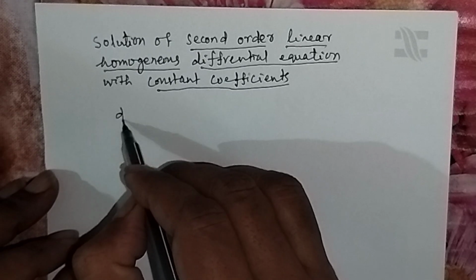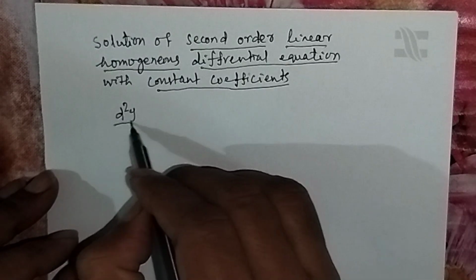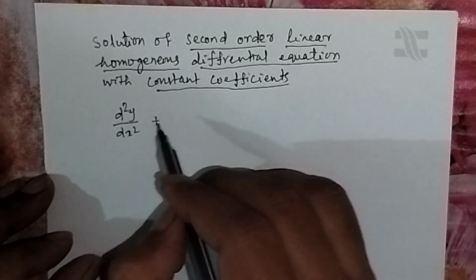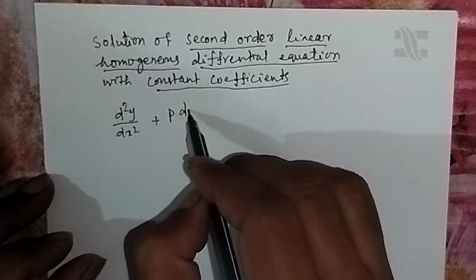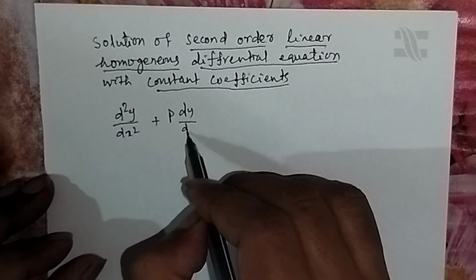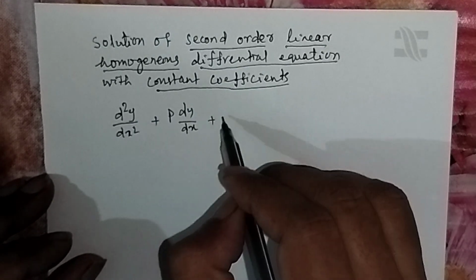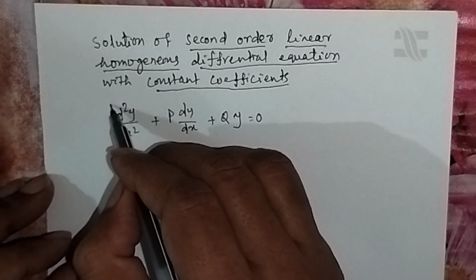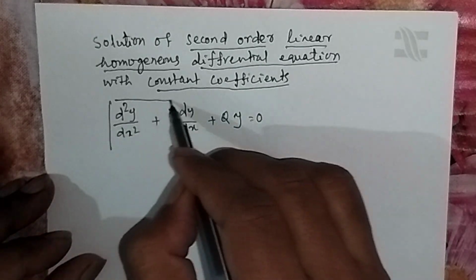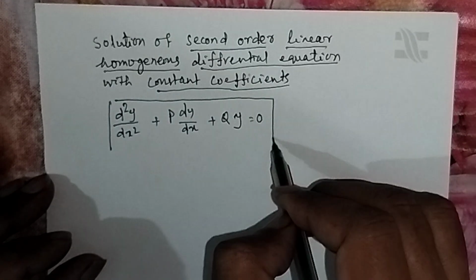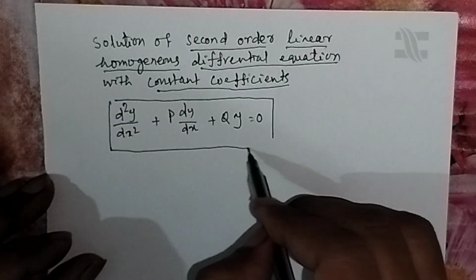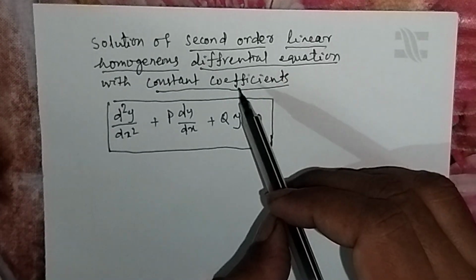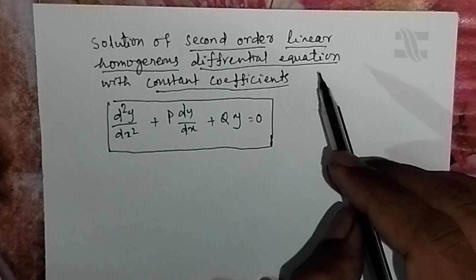A differential equation of this form: second derivative of a function plus p into first derivative of the function plus q times the function equal to 0. Equation of this type is called second order linear homogeneous differential equation.